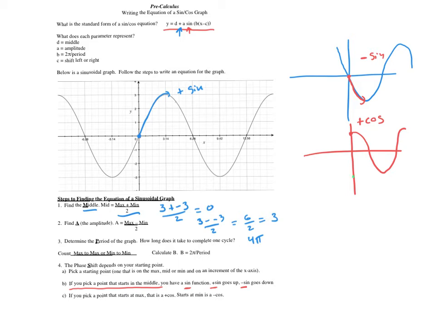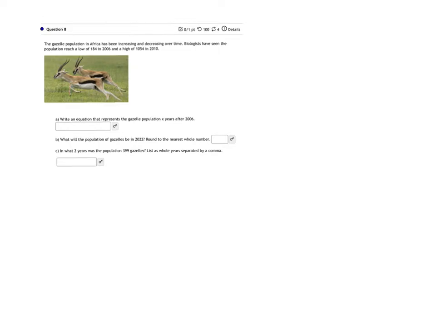And if it started at the bottom and went up like this, it would be a negative cosine. So that's the difference between when you're going to use a positive and a negative and when you're going to use sine or cosine. That's a real quick run through this, and you should have seen this before. We did this in chapter 4. But now what we're going to do is a specific question.